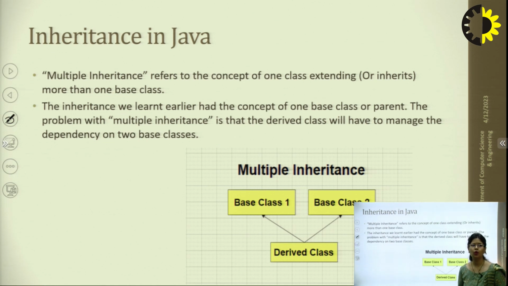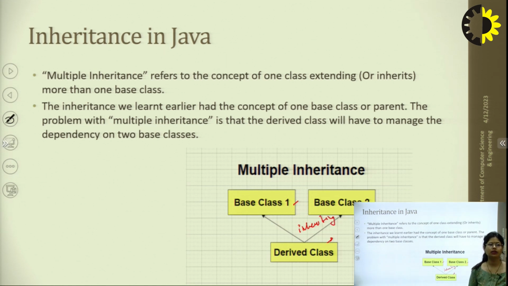So now let's see what is multiple inheritance. Multiple inheritance is a concept where a class extends more than one base class. Suppose these are the base classes, class 1 and class 2, these are the two base classes, and there is a derived class and it is inheriting both the base classes.